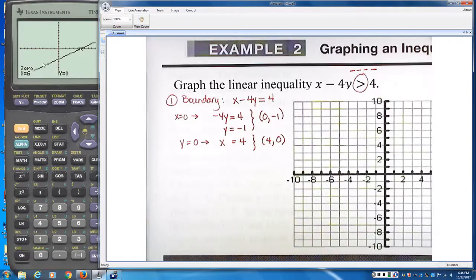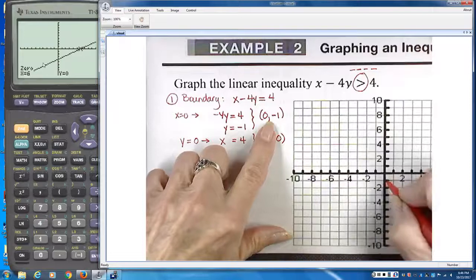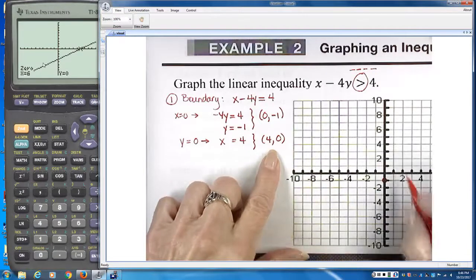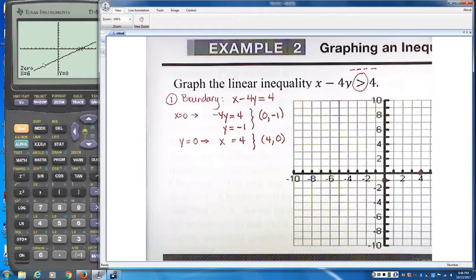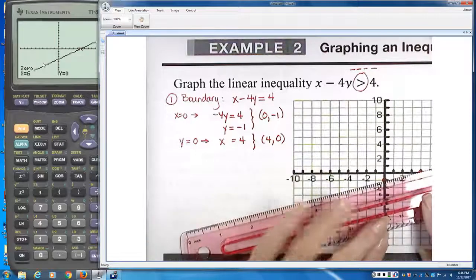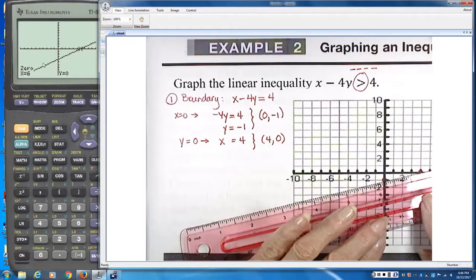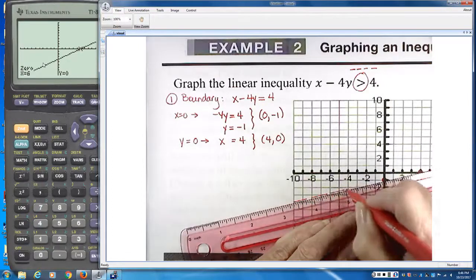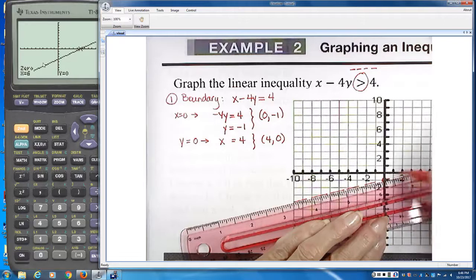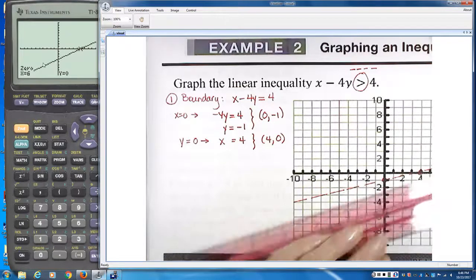So now that I have those 2 points, I can go ahead and draw the line. 0, -1. 4, 0. And then you get your straight edge, your credit card, whatever you've got, and you draw a broken line.